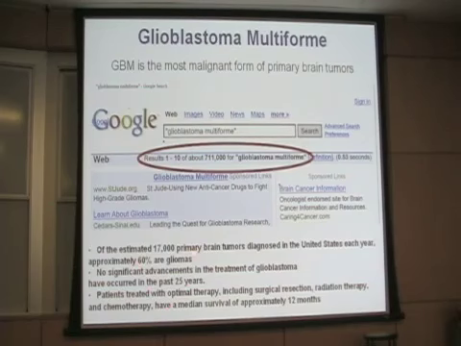Here I listed several unpleasant facts about this awful disease. In general, the treatment is highly unsuccessful, and one of the main reasons for this is that those tumors are highly invasive.